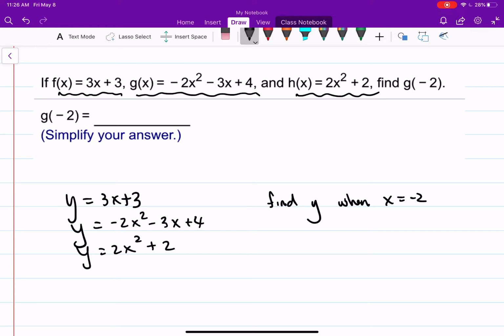But I only want one, and you have to figure out which equation I want to pick. This is the reason why function notation came about.